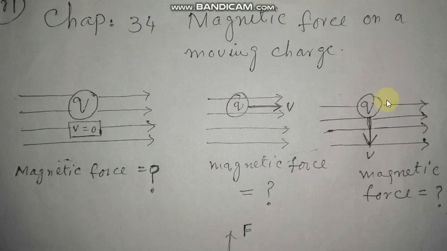You can also determine the direction of the force using either the right hand palm rule or Fleming's left hand rule in this case. So you must verify whether it works or not.